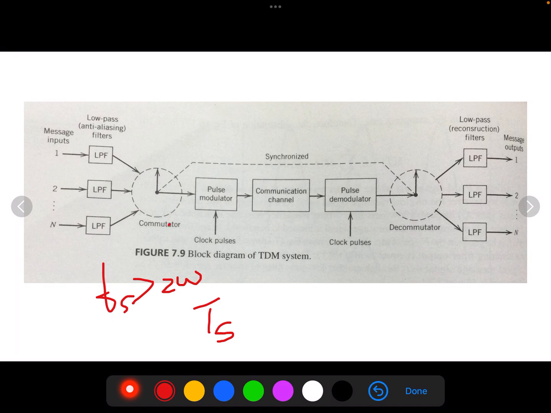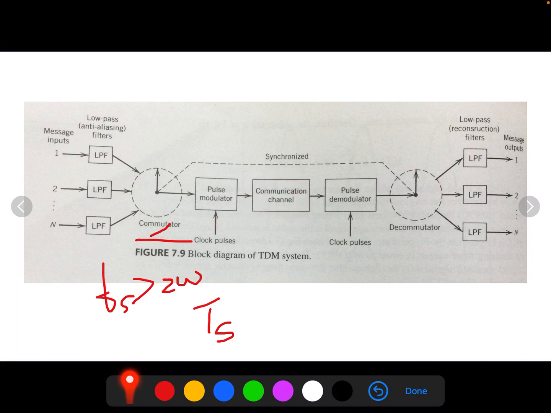Following this commutation, the multiplexed signal is applied to a pulse modulator, the purpose of which is to transform the multiplexed signal into a form which is suitable for transmission over the communication channel.